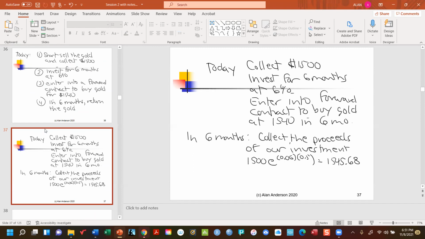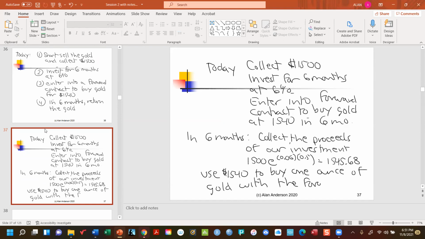Now, here's the thing. Use 1540 to buy 1 ounce of gold with the forward contract. Remember, we're committed to that. We entered into a contract to buy gold for 1540.